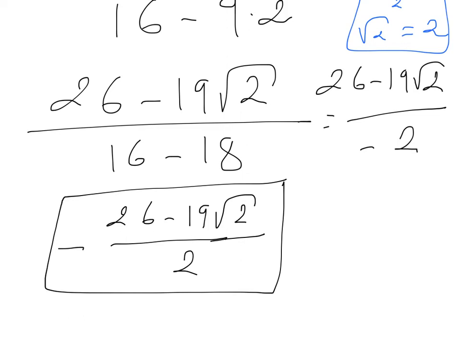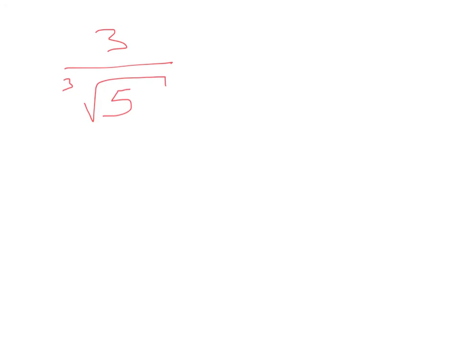Let's take another example here. So I have this question: 3 over the third root of 5. Here we have a problem because the question is to rationalize the denominator. We need to think about the factor needed to make the radicand a perfect power.